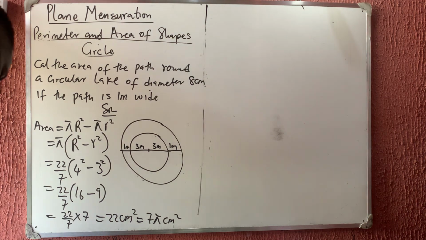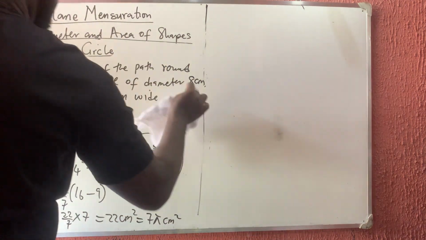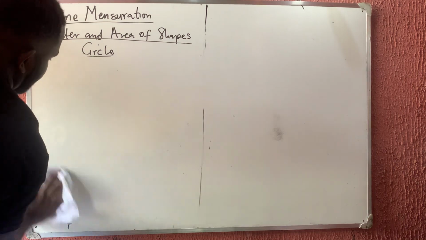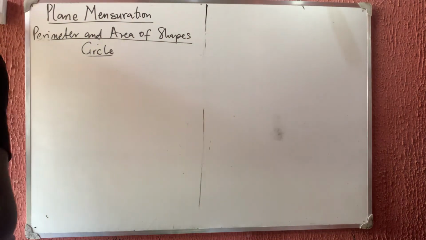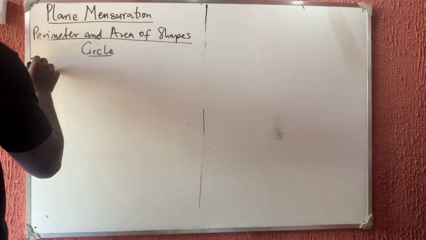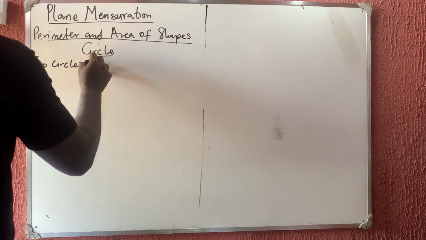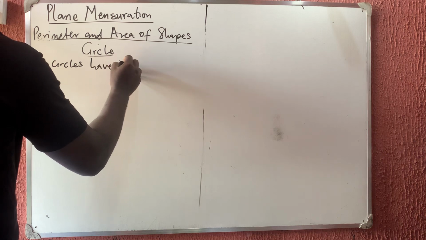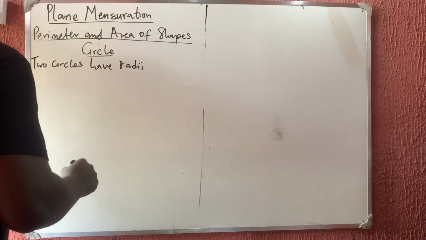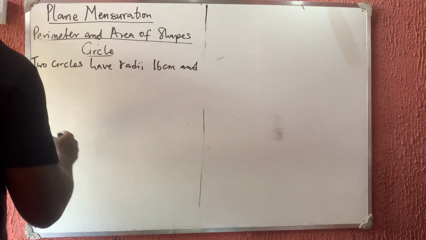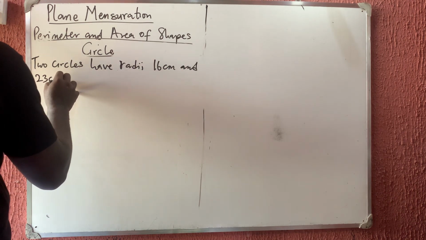So the last question, but not the least, said: two circles have radii. I told you that the plural of radius is radii. Has radii 16 cm and 23 cm.